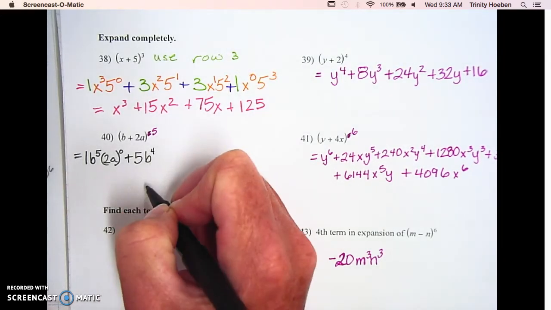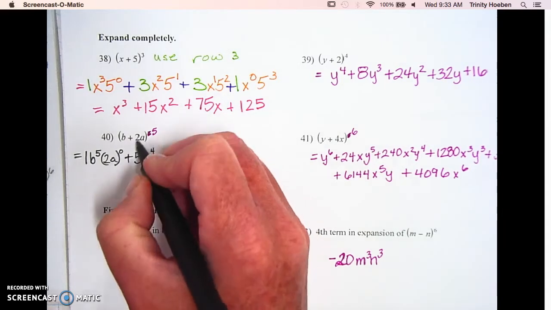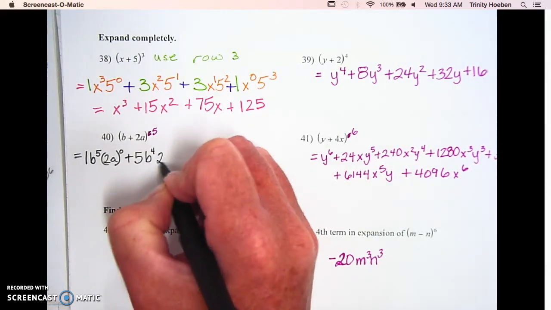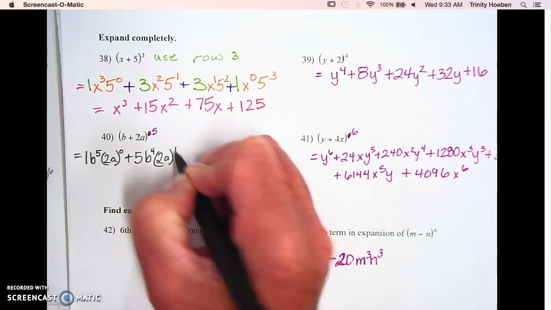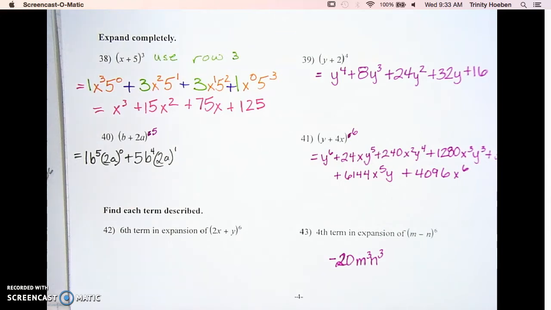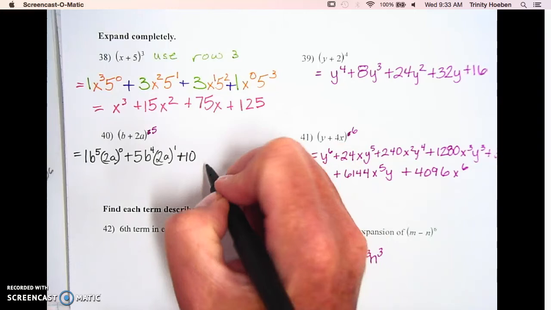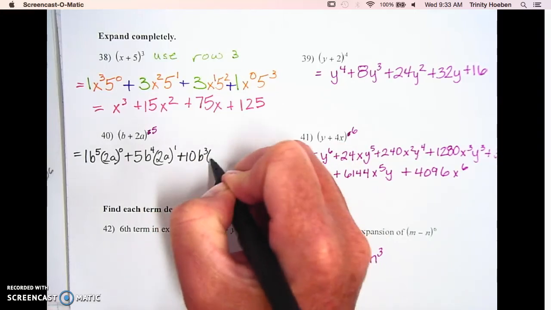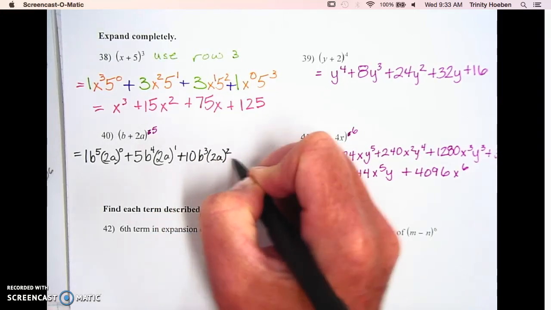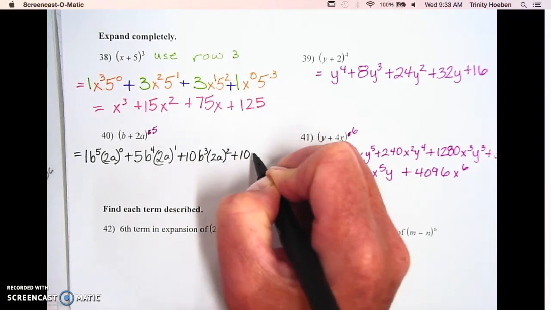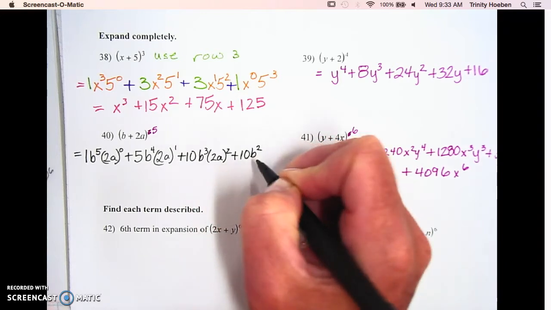We're going to go down with the b's and up with the a's, or the 2a's. So 2a to the 1st. Plus 10, b to the 3rd, 2a to the 2nd. Plus another 10, b to the 2nd this time.